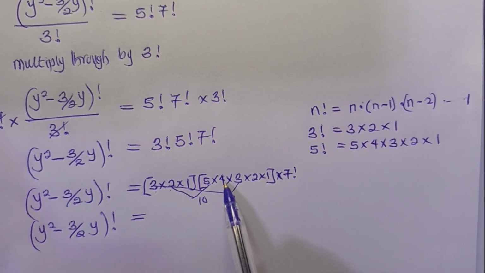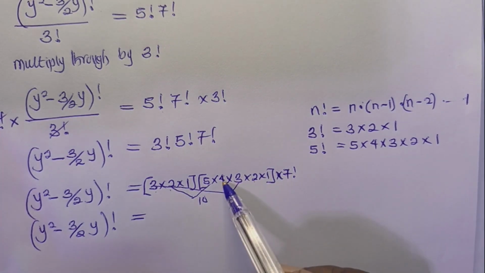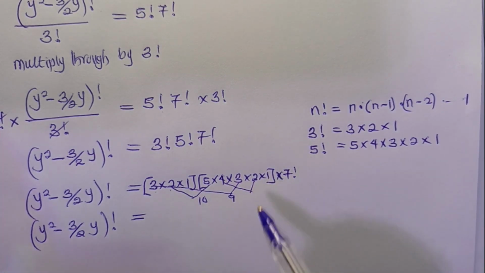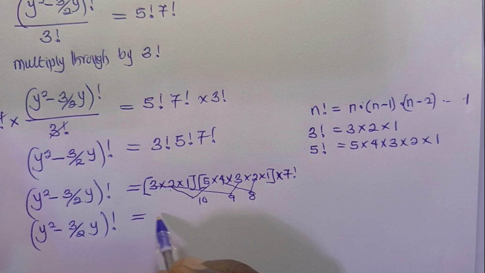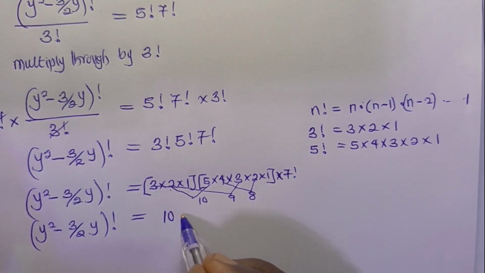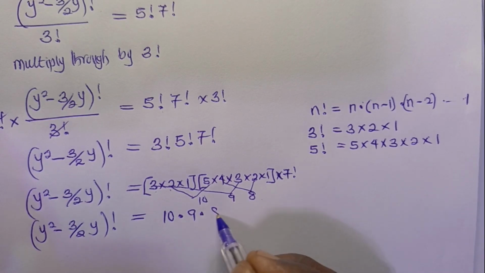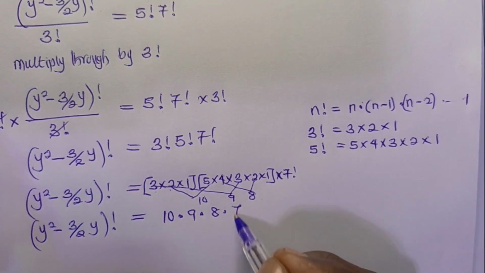We are left with 4 and 2 here. So 4 times 2 will give us what? 8. So the product of these two brackets will give us 10 times 9 times 8. So we now have this as 10 times 9 times 8 times 7!.